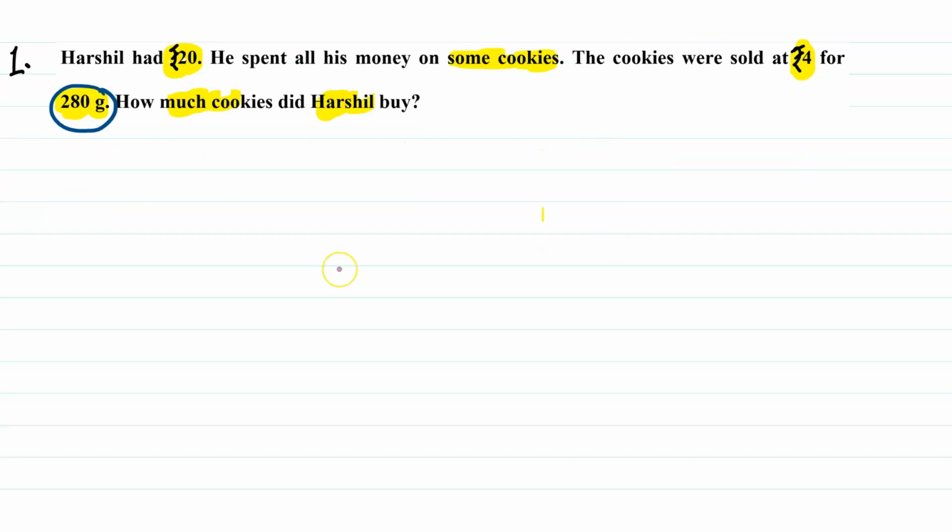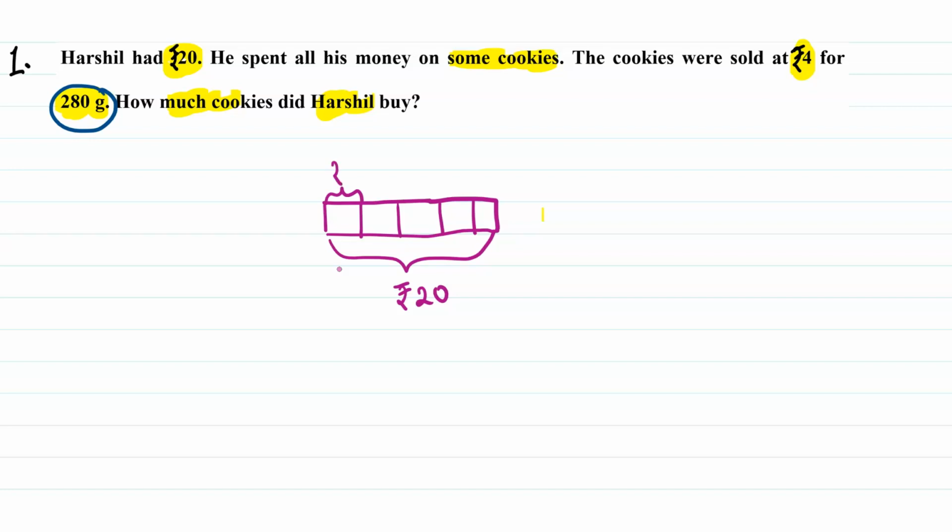20 rupees. So let's draw a bar representing 20. Now 20 can be split into parts like this. This is rupees 20 and we can divide it into 5 equal parts, and each part is rupees 4. So when we divide 20 by 5 we get rupees 4.